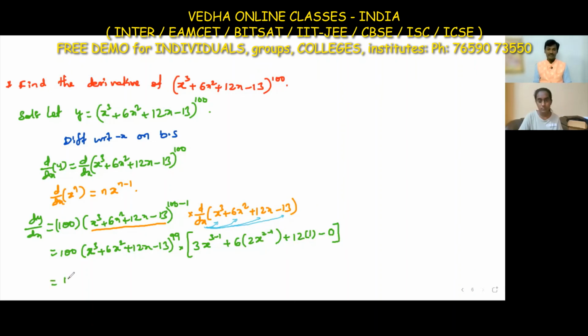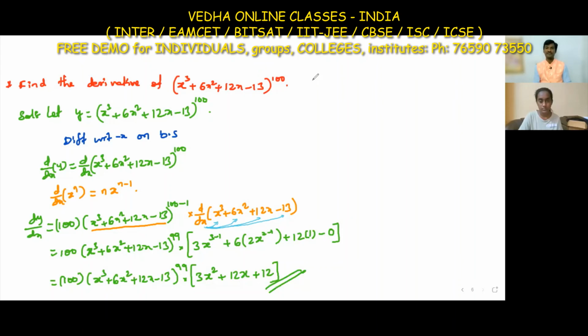Now this is equal to 100 into (x cube plus 6x square plus 12x minus 13) whole to the power 99 into (3x square plus 12x plus 12). This is the required final answer.